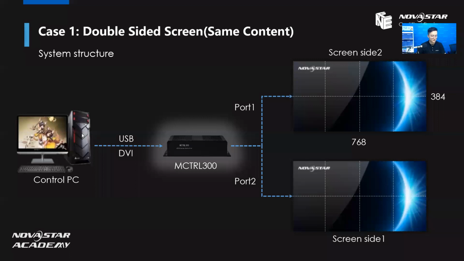Here we use the control PC and connect the DVI with the Control 300. The DVI is the video source from the PC to the Control 300. Then we connect it with a USB cable. The USB cable is for controlling the 300 and doing some configuration in NovaLCT. So that's a very simple structure for you to understand how to set up the double-sided screens.